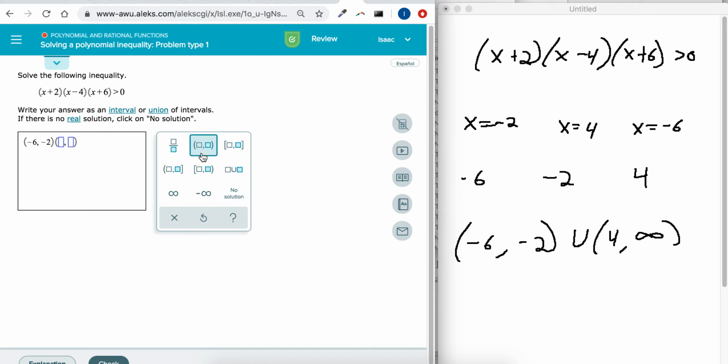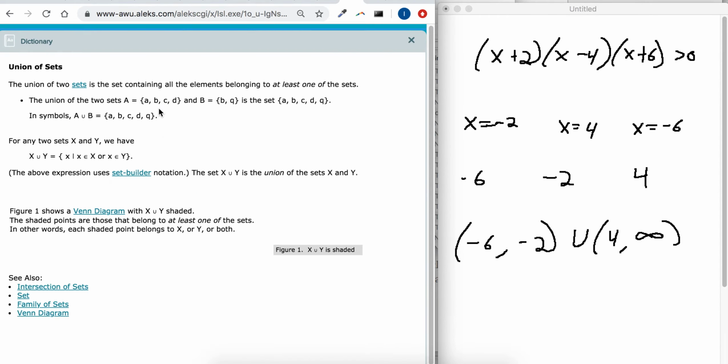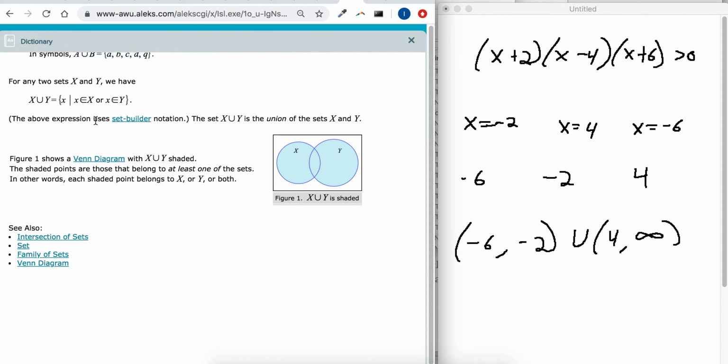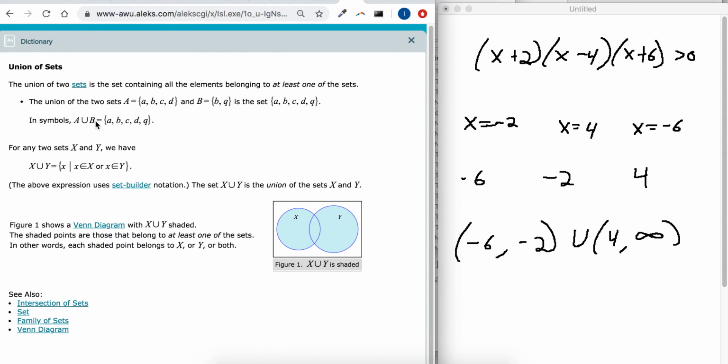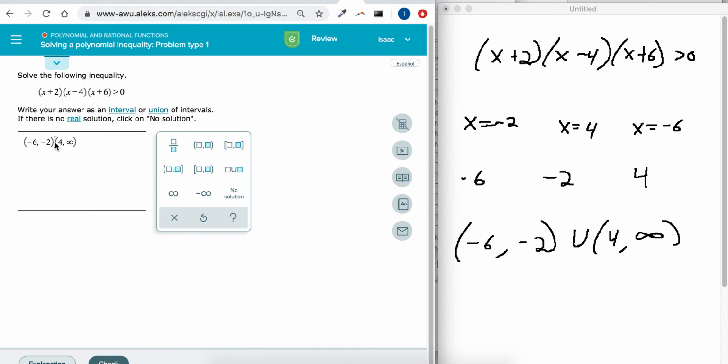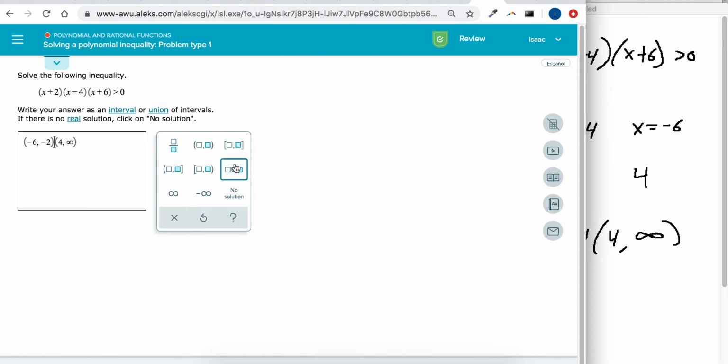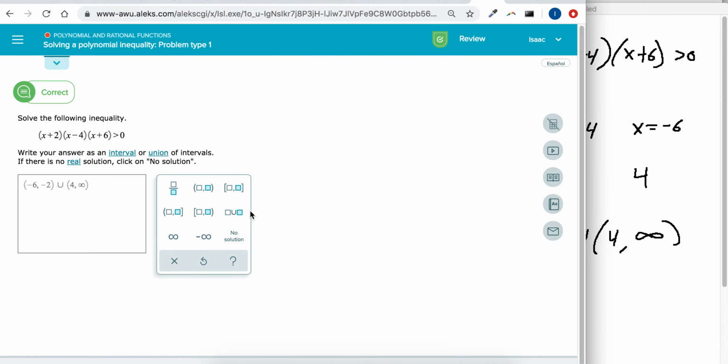I don't see it here. Let's just try typing in 4 and then infinity. It really needs a union symbol though. I know what a union is. How do I type it? Yeah, I want to use the union symbol. Where is it? Oh, it's right there, right in front of me. There we go. Okay, so that's your solution.